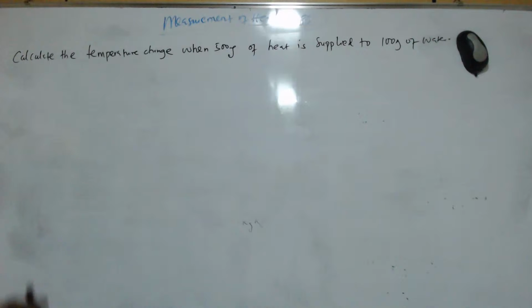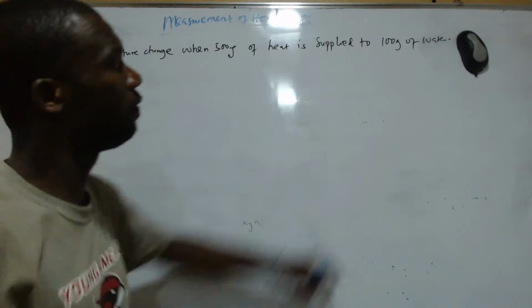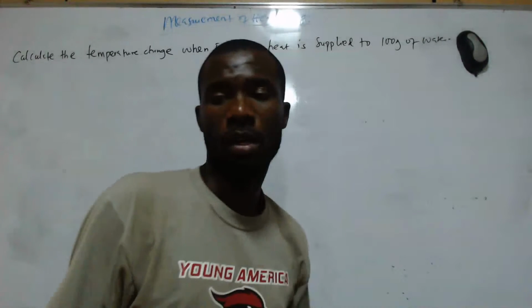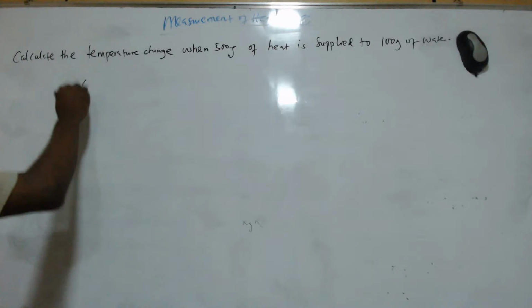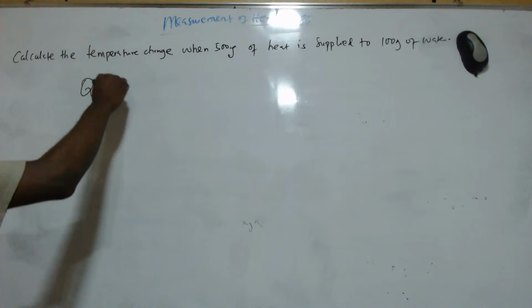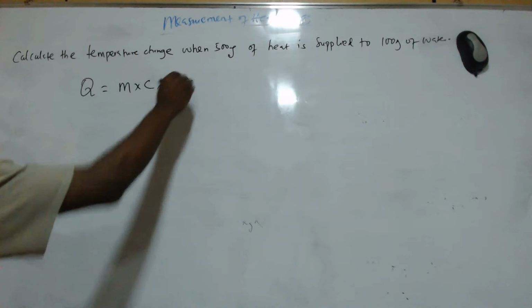It's a simple question. So, this is the quantity of heat supplied to the water of this magnitude. So we say quantity of heat is equal to mass times specific heat capacity times change in temperature.